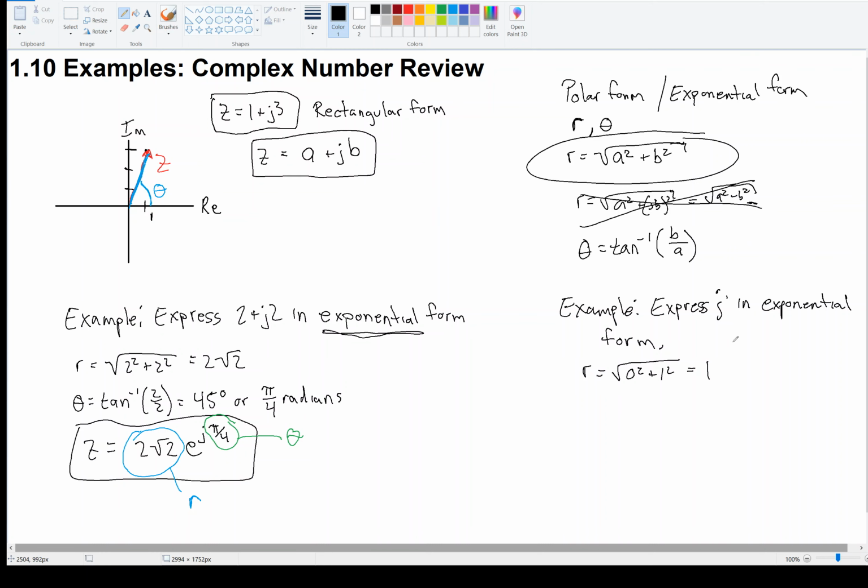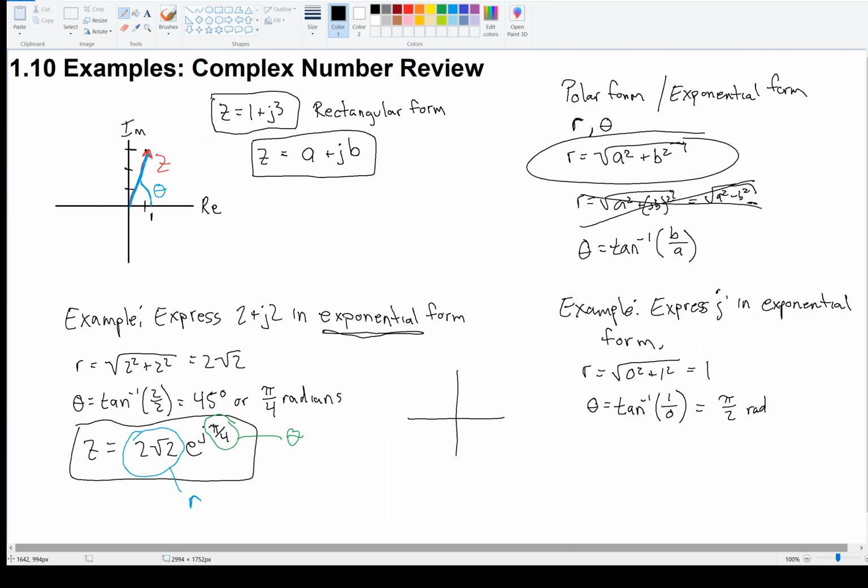So the magnitude or the length of that vector is just 1. And the angle is the inverse tangent of the imaginary part over the real part, so the inverse tangent of 1 over 0. Well, if you used your calculator or plotted it, you could argue that it's pi over 2 radians. But I'll show you why that is.